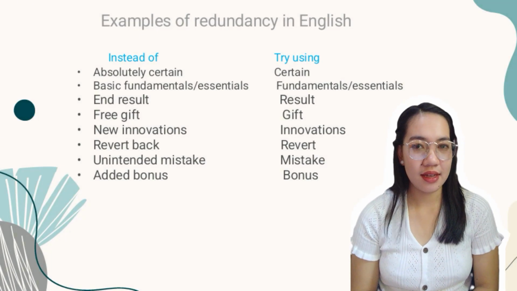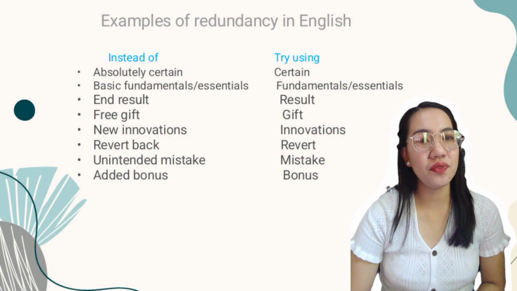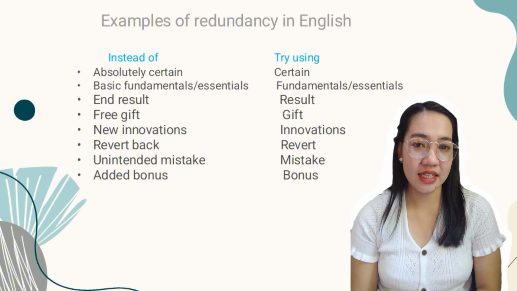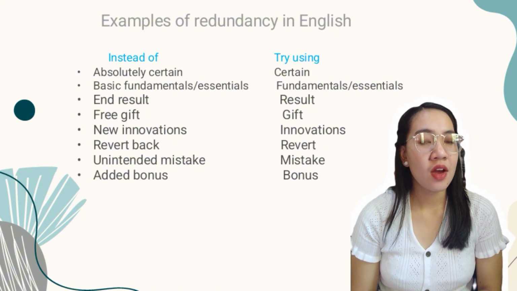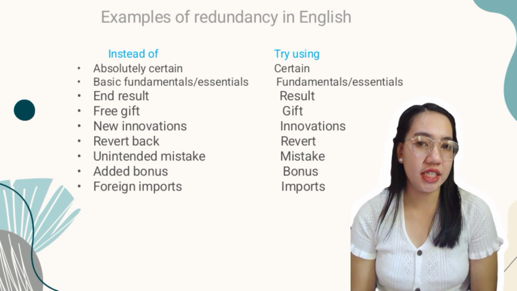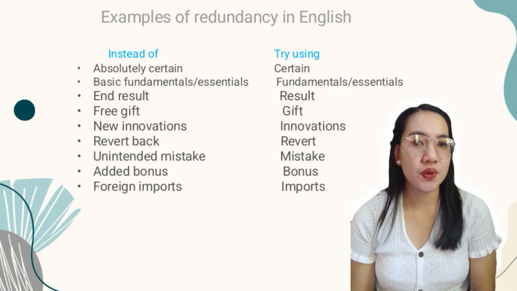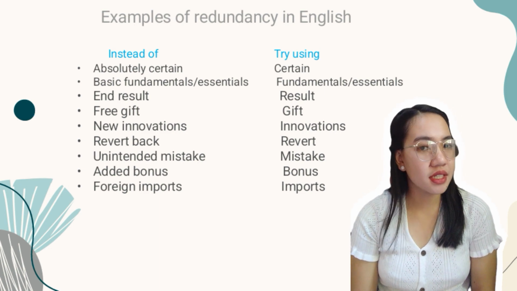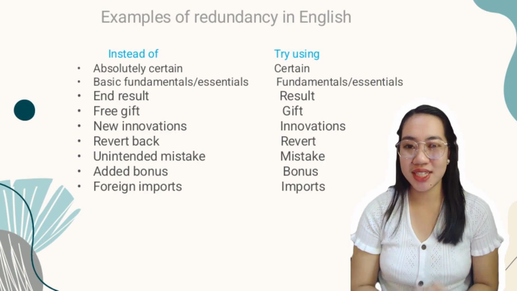Added bonus. A bonus is an extra feature, so the word added is redundant. Foreign imports. Imports are products that originate in other countries, so their foreign nature is implicit and the word foreign is redundant.